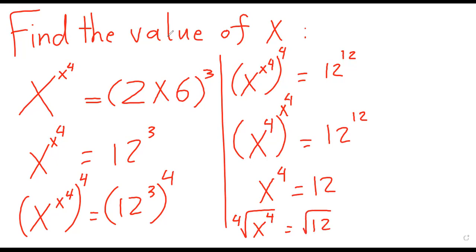So I'm taking here too the fourth root of 12. Then I can say that x equals the fourth root of 12. And that's what he asked me for. Okay, that is the solution.